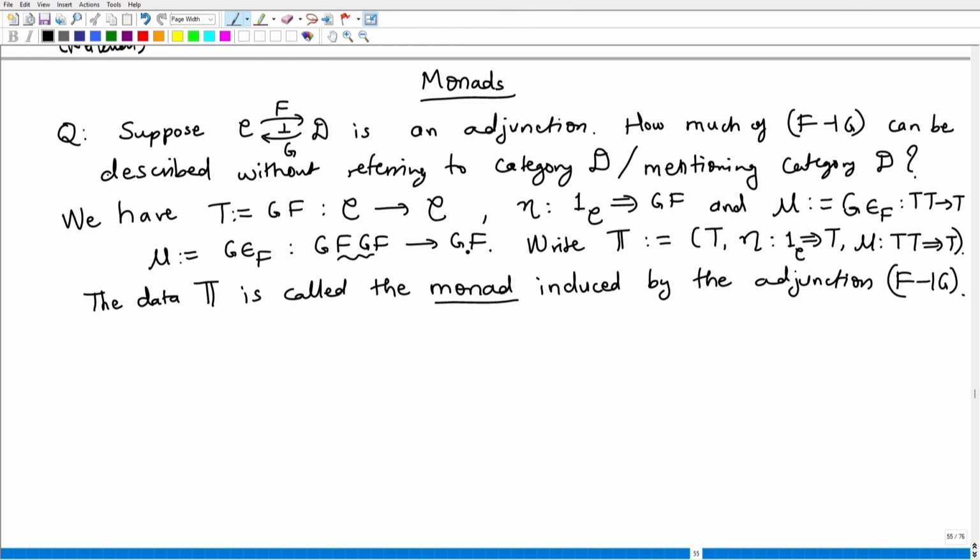You have a set together with one particular element. Eta would be one element, and mu is a binary operation on T, because mu is going from TT to T. So what is such a structure usually called? Monoid, provided it satisfies certain properties.